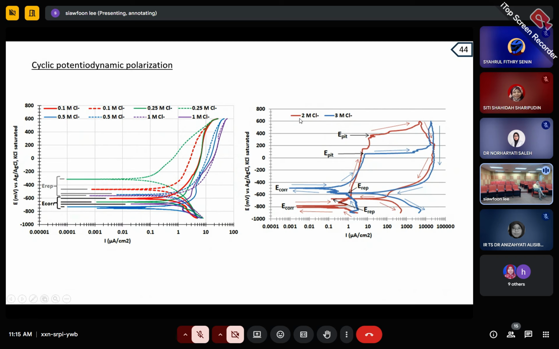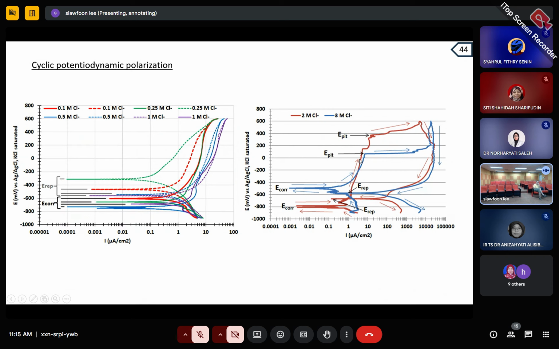However, when I apply the 2 molar chloride concentration and 3 molar chloride concentration under the same solution, pH 13, and deaerated, even without oxygen gas, you can see when you apply the potential from here to here, the corrosion current stays still.